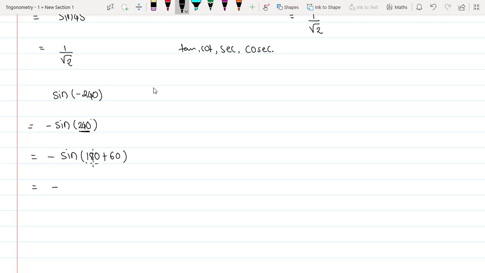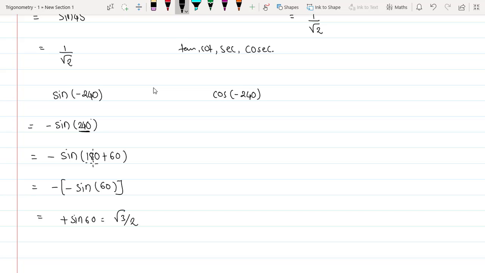And what is the sign of the sine in the third quadrant? Negative. It's negative. मग अजून एक नेगेटिव्ह येईल का इथे? हो. Sine of 60 degree. So minus minus plus sine 60, which is nothing but root 3 by 2.